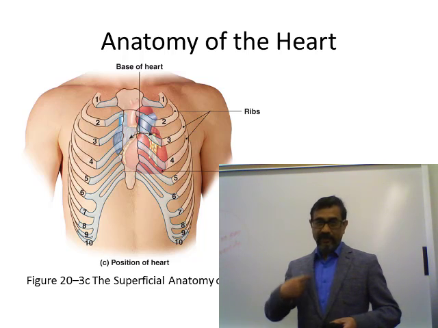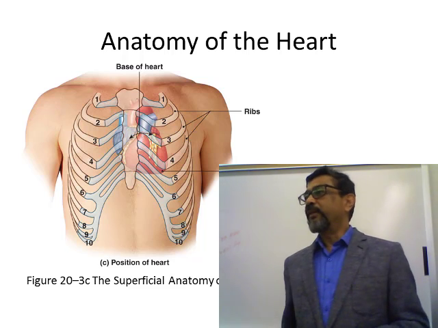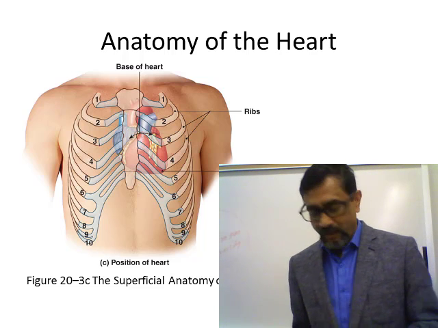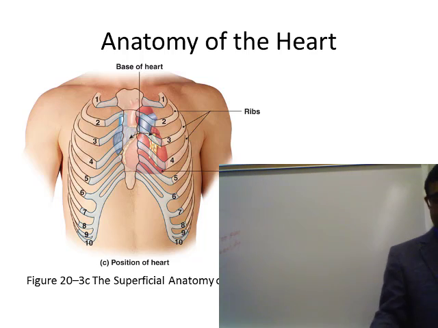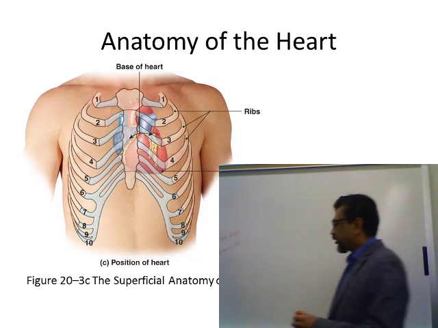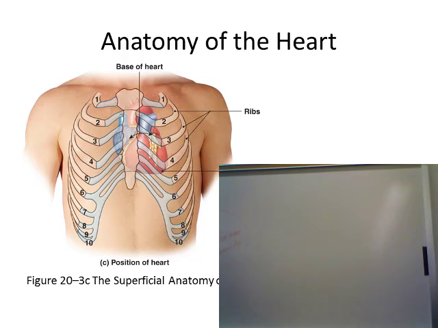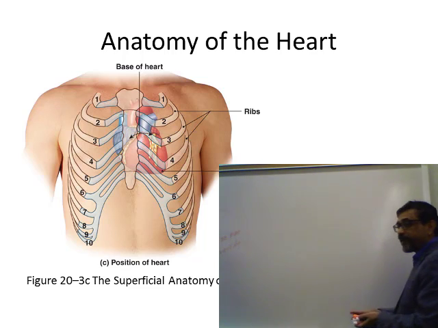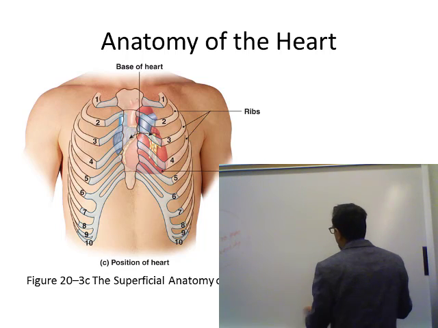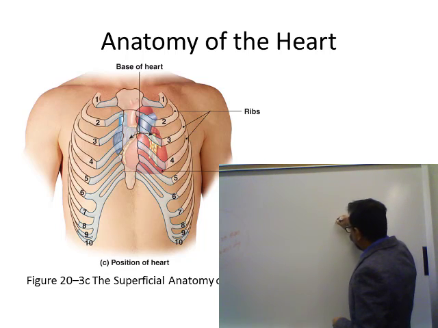There is a cavity inside the thorax. That cavity is called mediastinum. So you know that you have inside the pleural cavity, and the space in between two lungs is called mediastinum.